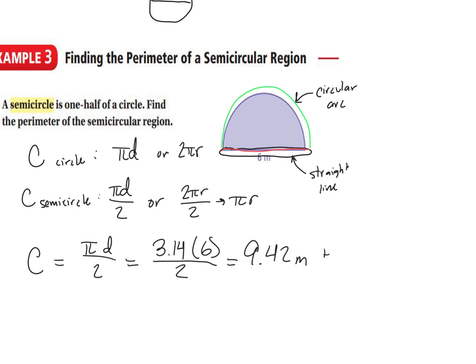To do that, I'm going to add 6 meters to 9.42, and I'm going to get 15.42 meters. If you ever see a semicircle, we should be thinking that I've got two different parts that go together, so I'm going to add those two together.